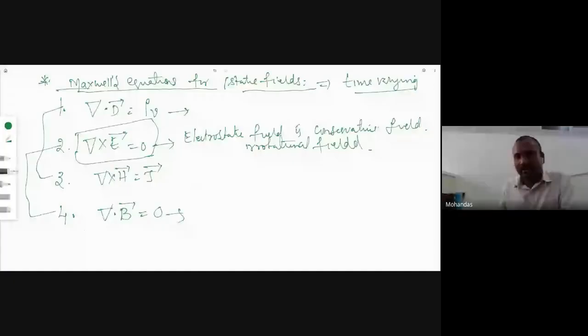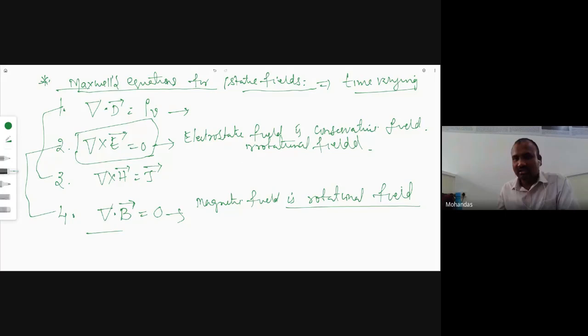Okay, del dot B equal to 0. The magnetic field, or magnetic flux density B, is a rotational field. It is not a conservative field. It is a rotational field.